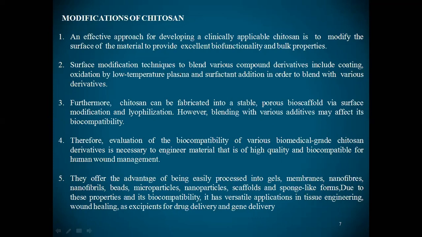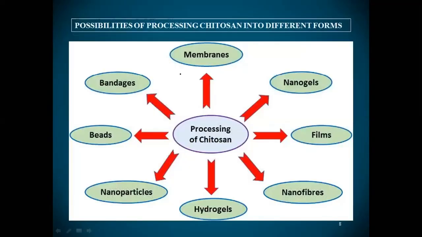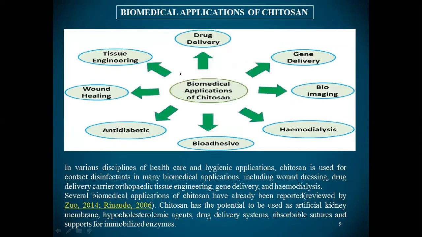The biggest advantage of chitosan is that we can make it into a gel, membrane, nanofibers, nanofibrils, beads, microparticles, nanoparticles, etc. These are the possibilities of processing chitosan into different formulations: membranes, nanogels, films, nanofibers, hydrogels, nanoparticles, beads, and nanosponges also.